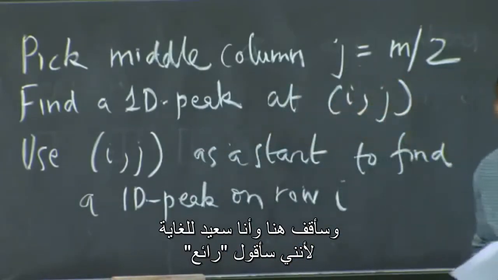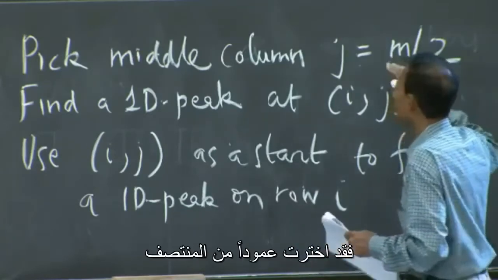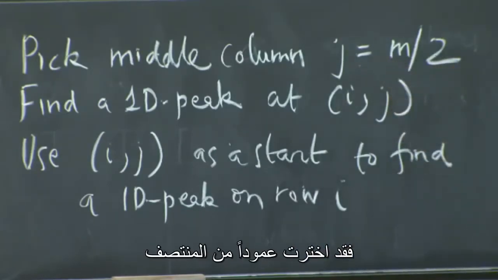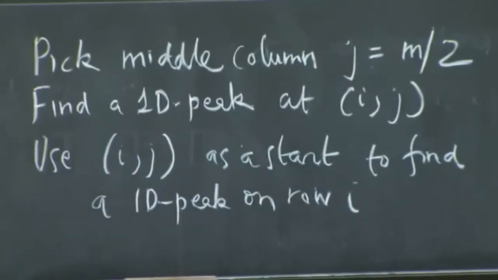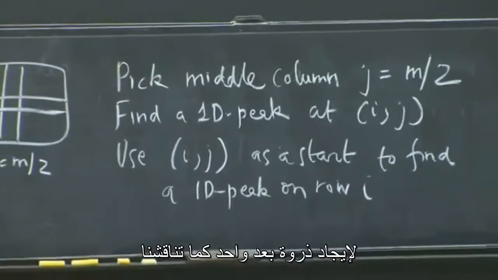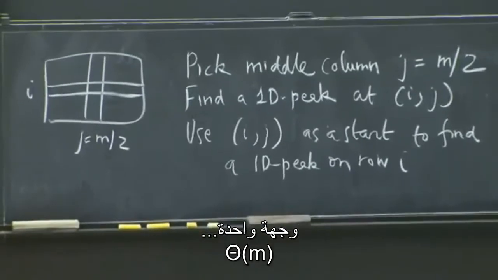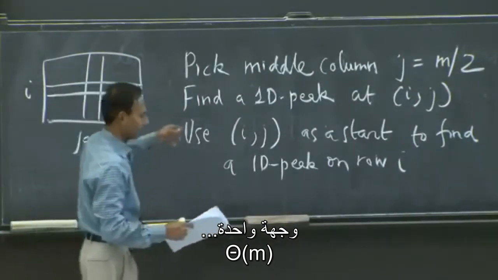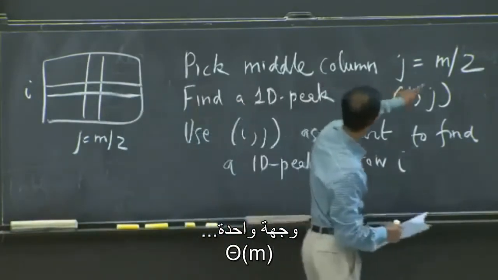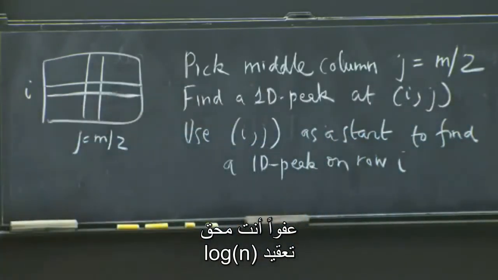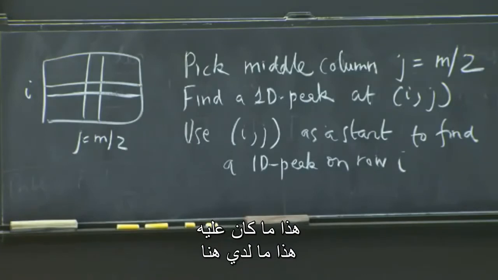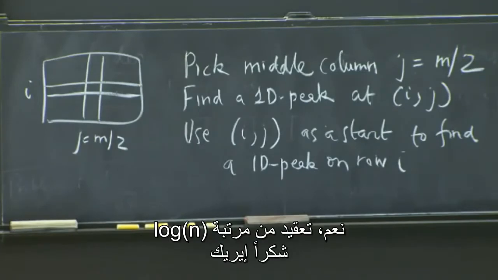And I stand up here and I'm really happy, because I say, wow, I picked a middle column, I found a 1D peak, that is theta log n complexity to find a 1D peak, as we argued. Oh, I'm sorry, you're right, the log n complexity, that's what this was. Thanks, Eric.